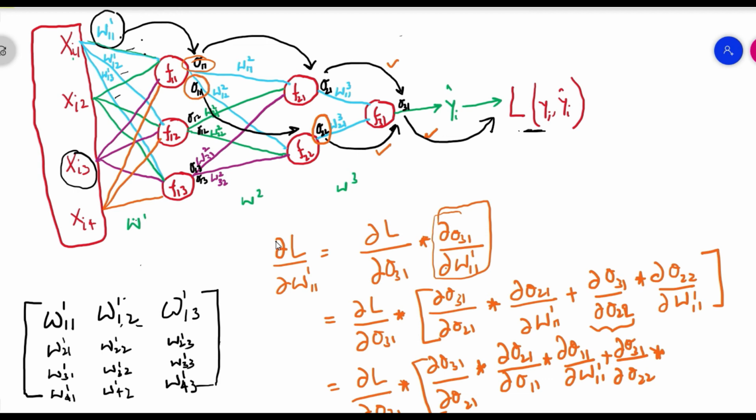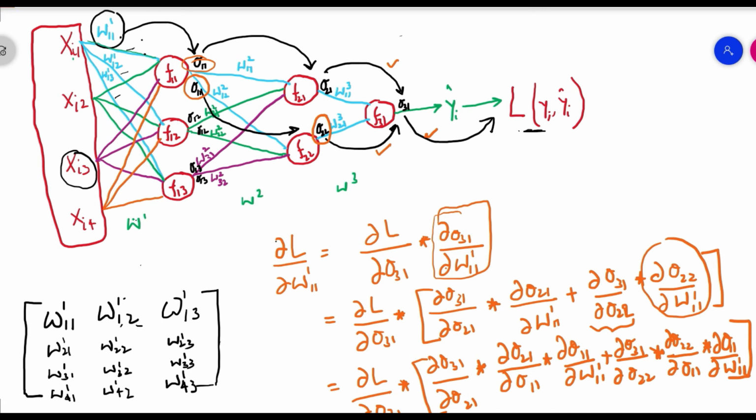So this expression can be further broken down as the rate of change of O22 with respect to O11 multiplied by the rate of change of O11 with respect to weight W111. So this is the complete expression.